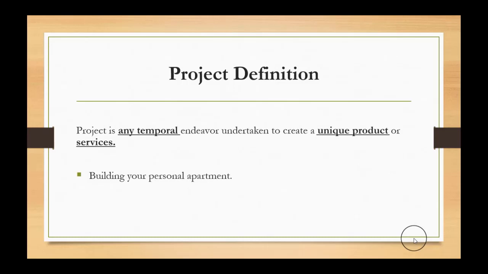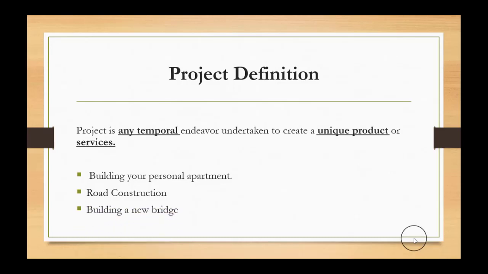Now, we can look at some typical examples of projects. On your own, if you have a plan of building your personal apartment, this is an example of a project. When a contractor is awarded to construct a road within a certain place, that is a project on its own.